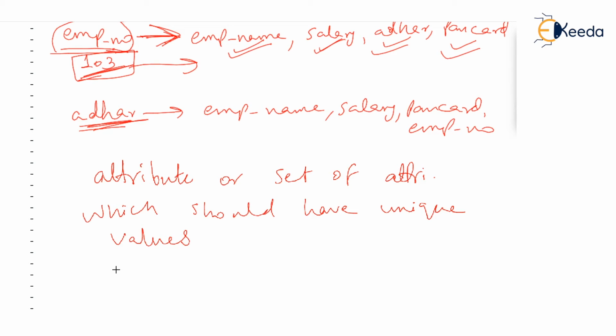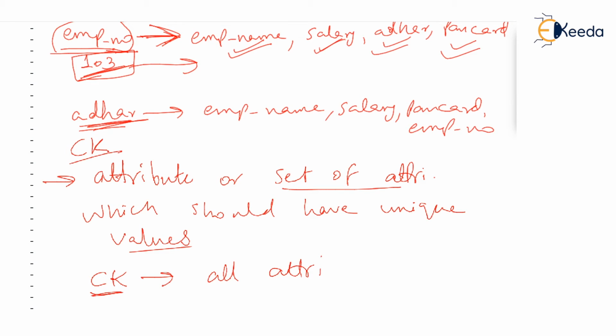Isn't it so? And secondly, given the value of candidate key, you can determine all the attributes. Given the value of Aadhaar number, you can find out all other properties of that person. Given the value of PAN card number, you can find out all other properties of that person. Isn't it so? So that is what a candidate key is.